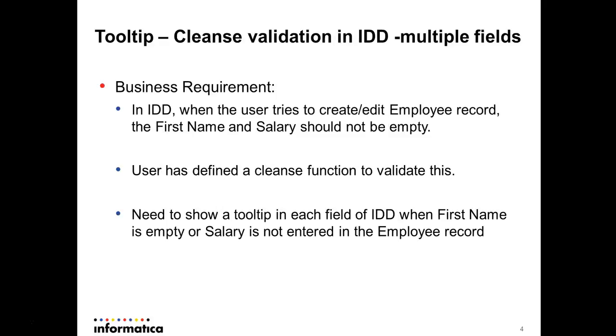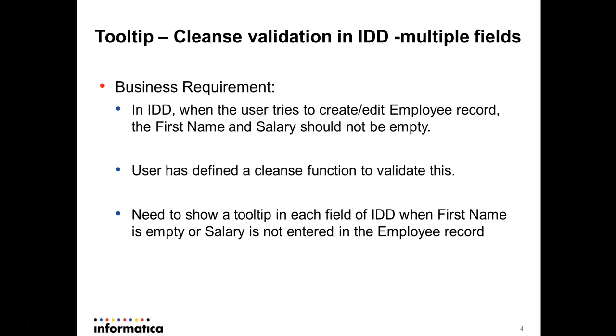And this is the business requirement I have. Let's say I have an employee record, and in that employee record, the first name and the salary should not be empty. I have created an employee record in my IDD, but I need to validate and show the end user if they are missing this first name and salary, that is, if they are trying an empty value.